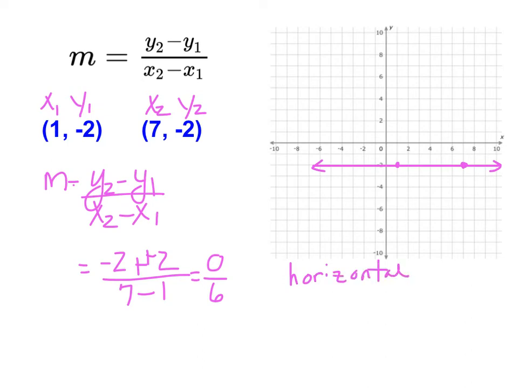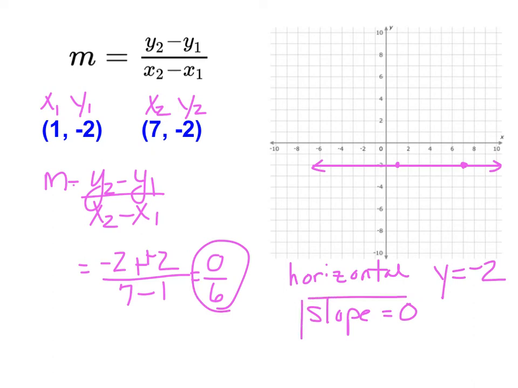And that horizontal line has an equation, and it is y is equal to negative 2. And horizontal lines have a slope equal to 0. So you don't want to leave your slope as 0 over 6 or 0 over a number. You want to say that your slope is equal to just 0, and that represents a horizontal line.